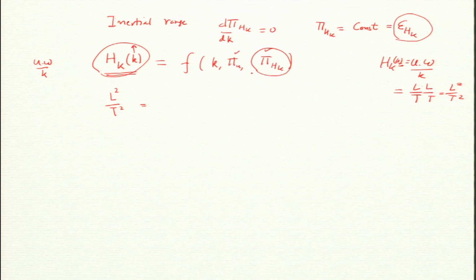The flux is total H by time. So, we make an ansatz that H(k), this helicity spectrum, is proportional to Pi_H. So, this and this quantity are proportional, because, by the way, for things like the temperature spectrum, it would be very useful.